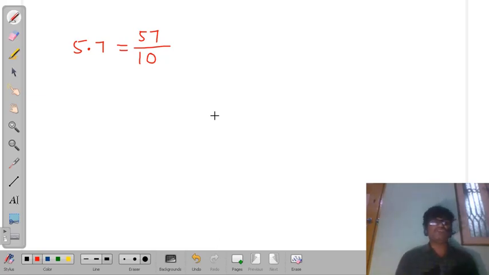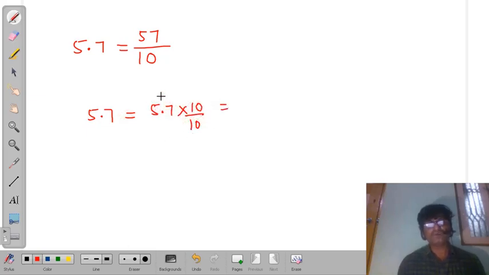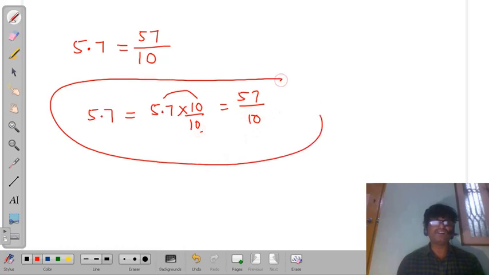How did we get this? That is very simple. If you take 5.7, you can write it as 5.7 times 10 by 10. 5.7 times 10 is nothing but 57, divided by 10. So without doing all this, we write directly: 5.7 equals 57 by 10.